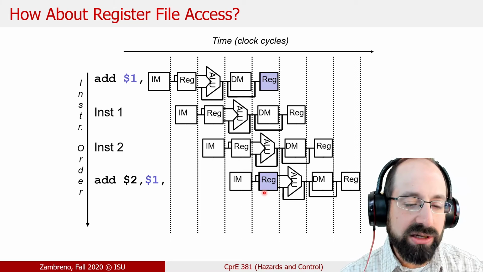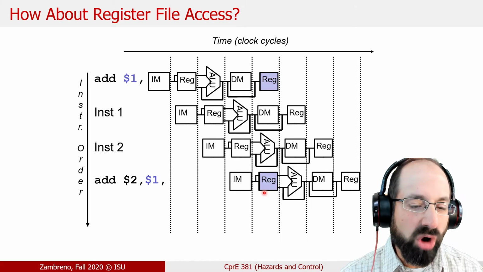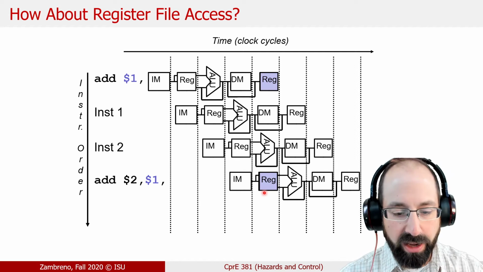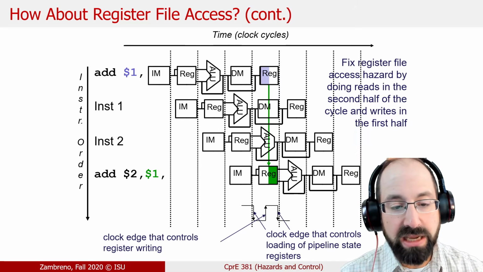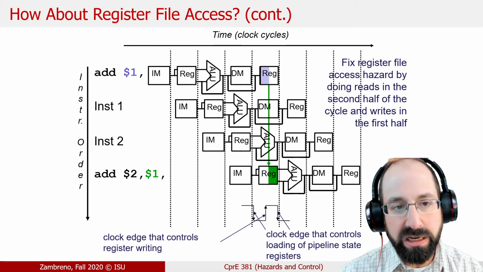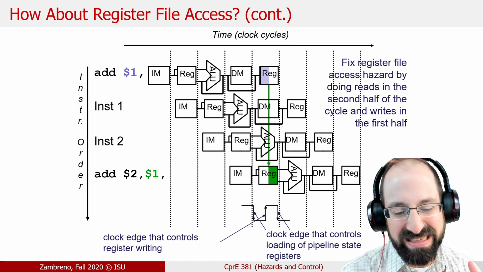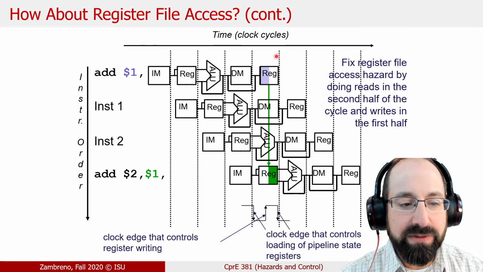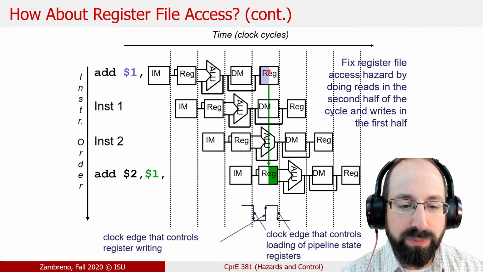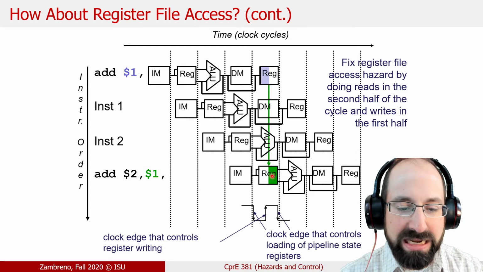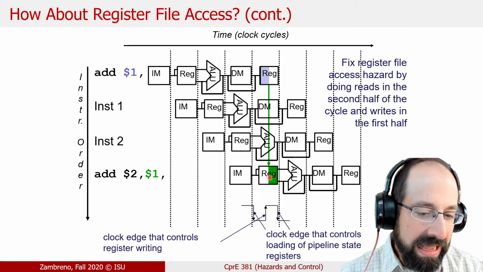But I think it's an okay hazard in the sense of the way we've already built our register file, in which for our implementation, we have a combinational read of the registers, and it's only our writing that is a synchronous operation. You can think of it as the write happening at some point during our clock cycle, and the read being this continuous operation.